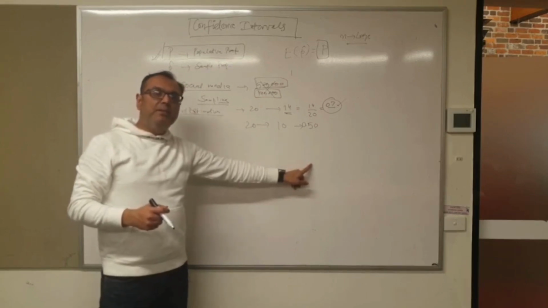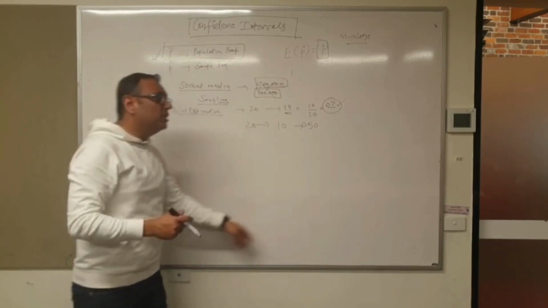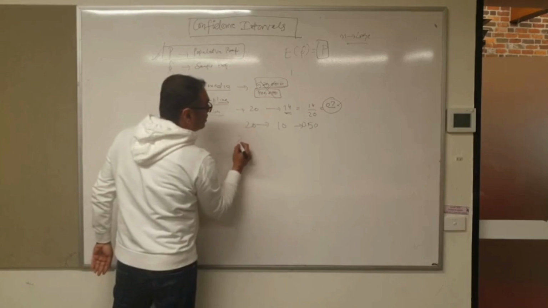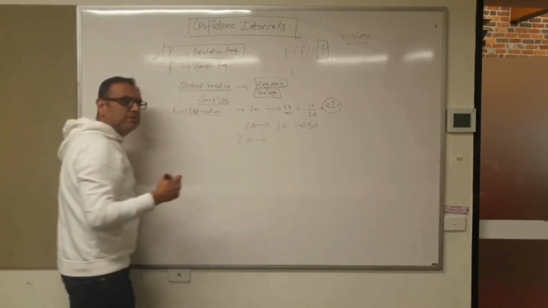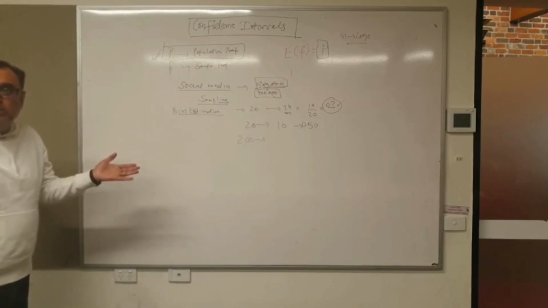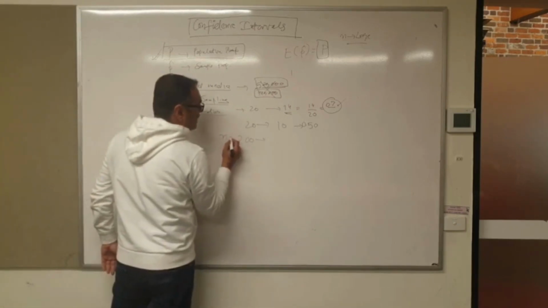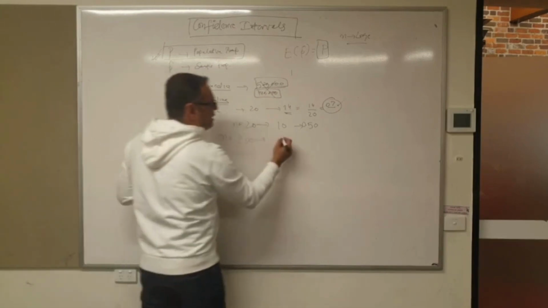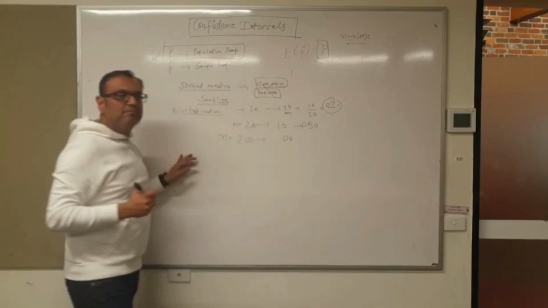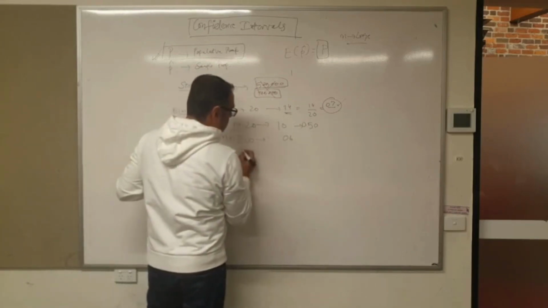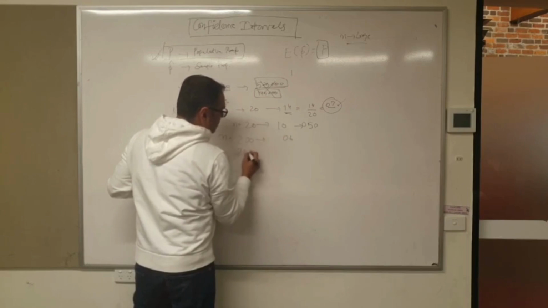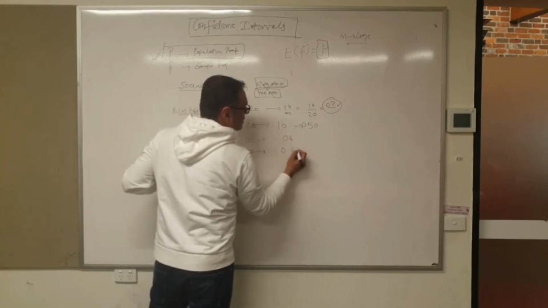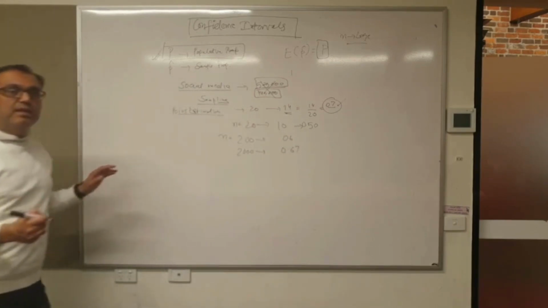You pick up a third sample, you get another result, and so on. Now what you can do is increase your sample size n. And then you might get a 0.6. You take another one, let's say 2000, you get 0.67, and so on.